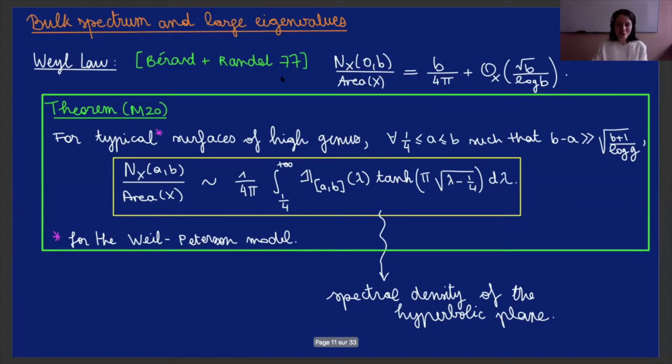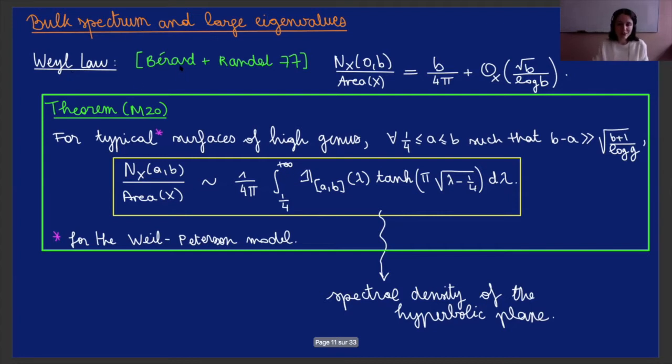So there are two kinds of spectral geometers. There are some who are interested in the bottom of the spectrum and some who are interested in high energies. You can also say things about high energies for typical surfaces. The most common statement for high energy is the Weyl law.